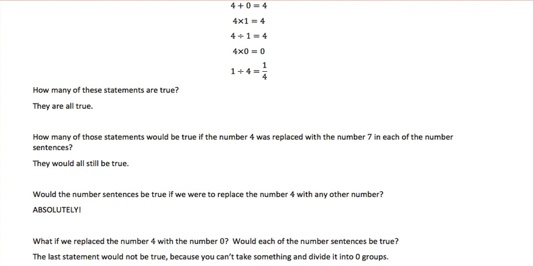Because no matter what, you're going to have one group. Even if you have just one little item, you can't divide it into 0 groups because you still have one item. So you still have one group. That's why division by 0 is undefined. It does not exist. You can't do it. Because if you have something, you're always going to have at least one group.